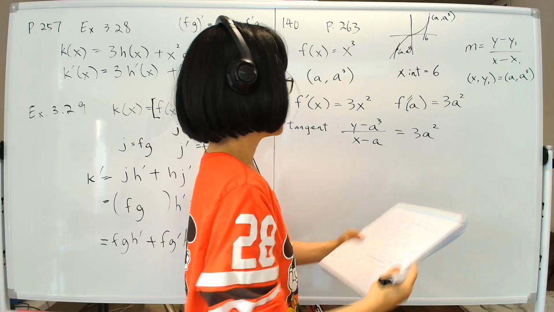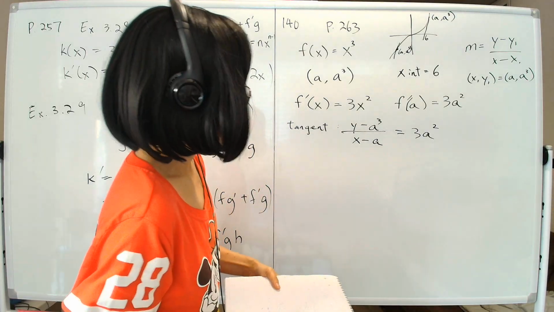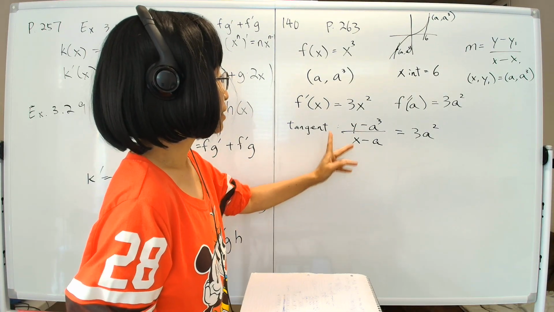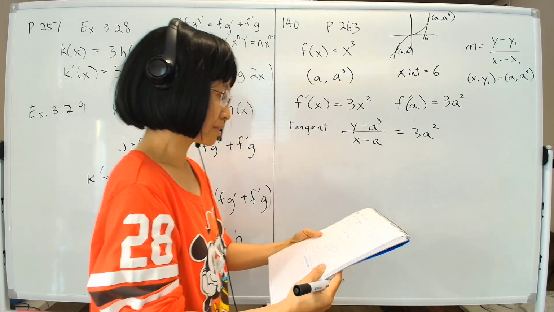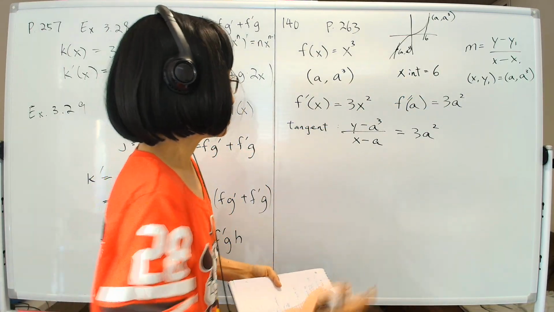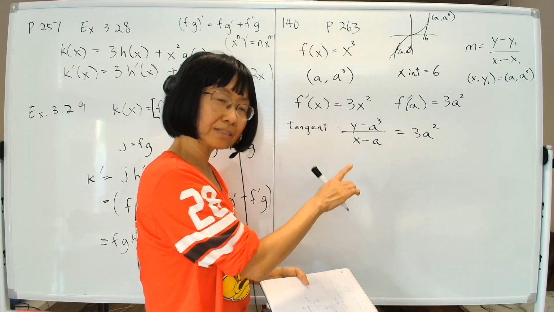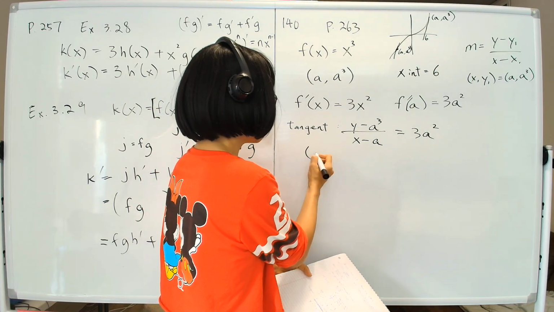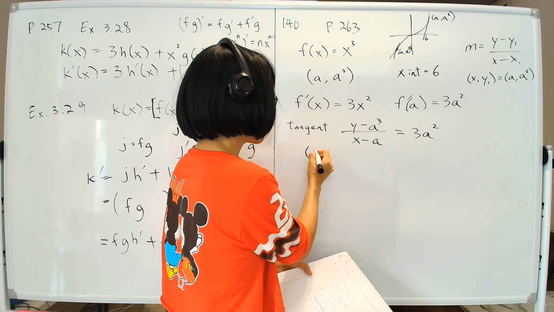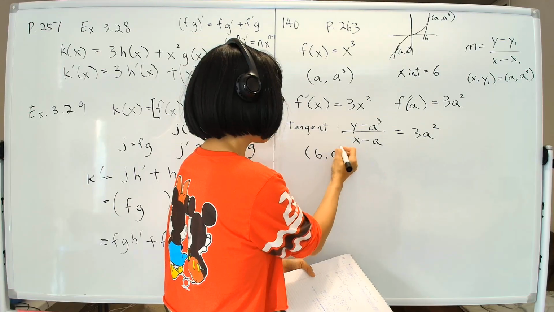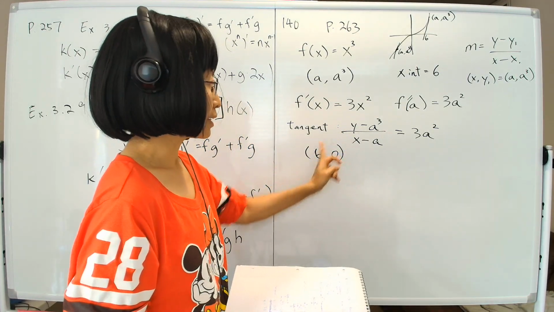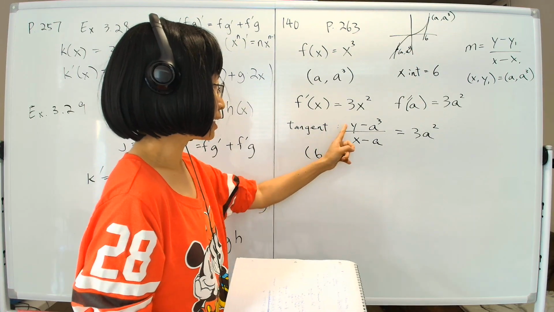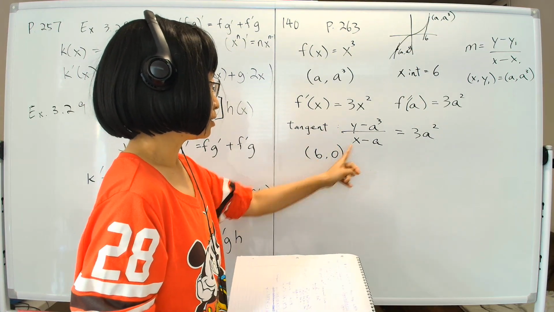Now we have a lot of variables, but we need the x-intercept to be at 6. What does that mean? That means this tangent line goes through a point where x is 6 and y is 0. So we can plug these numbers in: when y is 0, x will be 6.